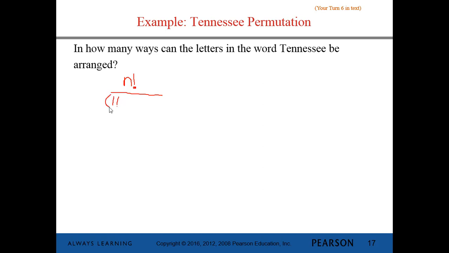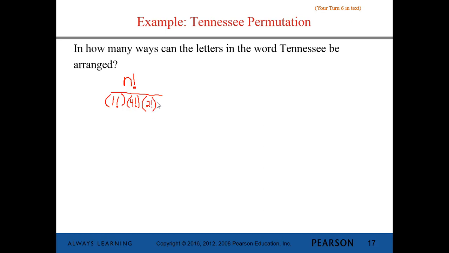Here's 1 factorial, okay? And now I'm going to multiply that bottom one by, well, how many e's are there? Well, there's 4 e's, so I'm going to have 4 factorial. And then how many s's are there? Well, there's 2. So I'm going to have 2 factorial.